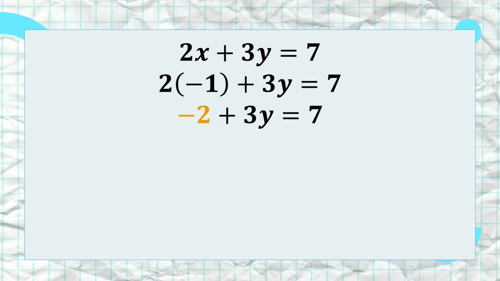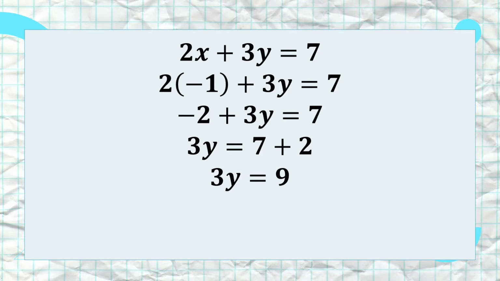Don't forget that we are looking for the value of y. By addition property of equality, we add 2 to both sides of the equation to remove -2 from the left side. Now, we have 3y is equal to 7 plus 2. 7 plus 2 is 9.